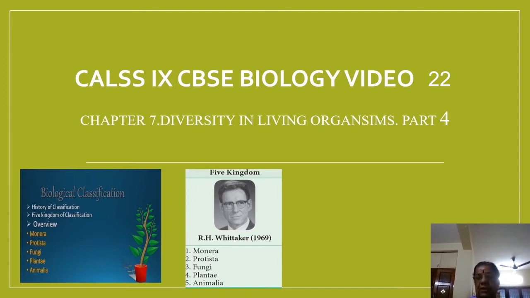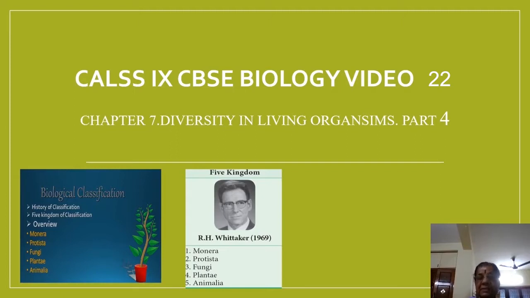Today we are going to do video number 19, a continuation of chapter 7, Diversity in Living Organisms, as part 4. In part 1, we learnt the same topic, diversity, with the five kingdom concept, in part 2 we learnt about the plant kingdom, Kingdom Plantae, and in part 3 Kingdom Animalia.